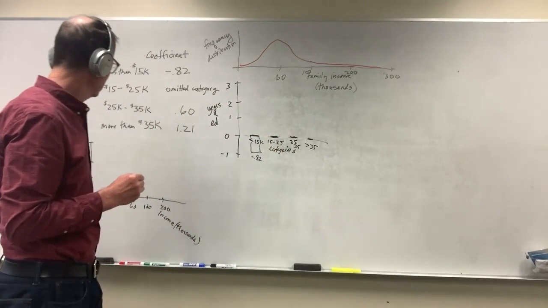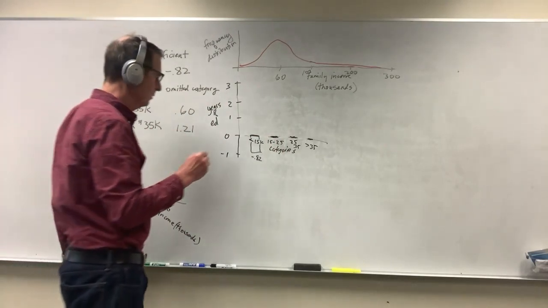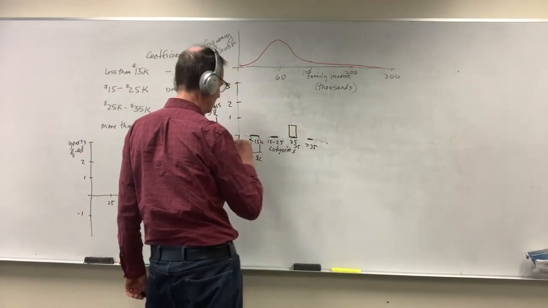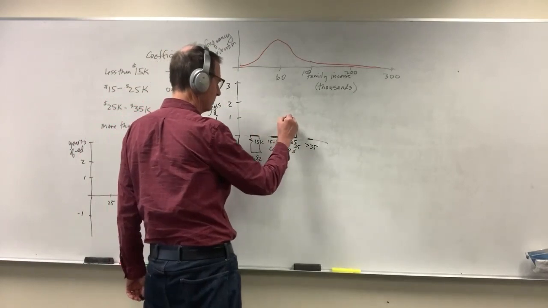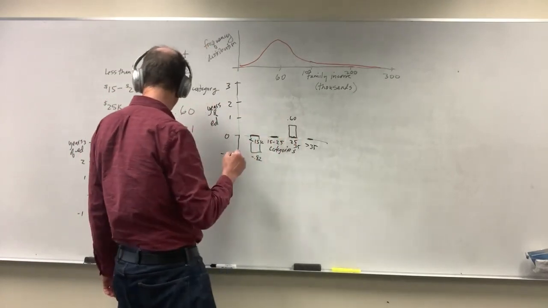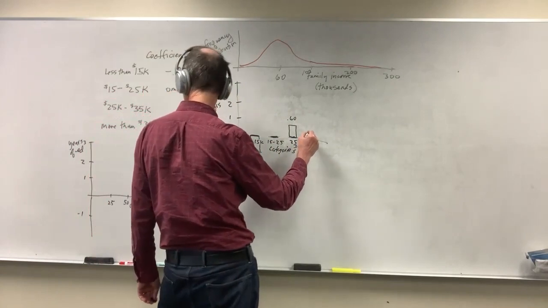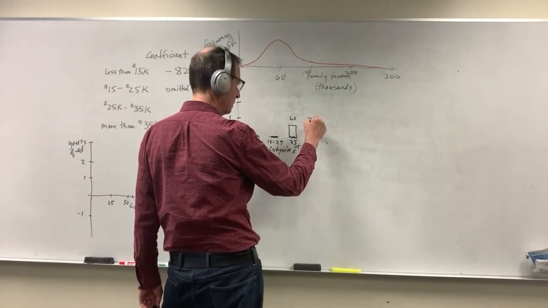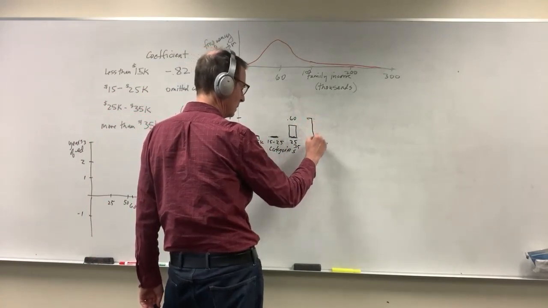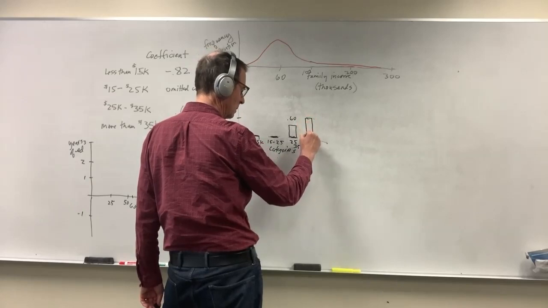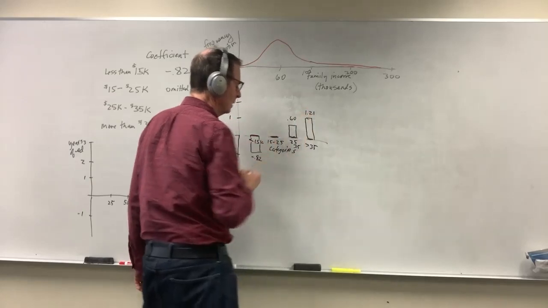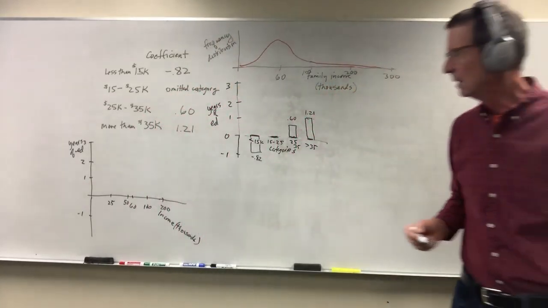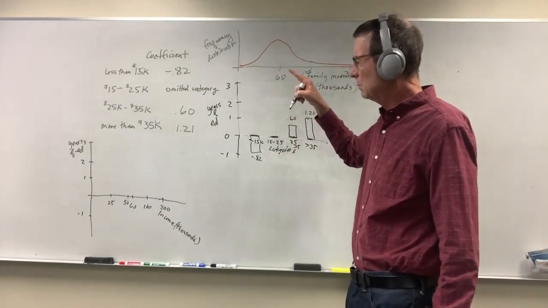That's the reference category. 25 to 35 is 0.60. And then being in this more than 35 category goes up to 1.21. Okay, so that's what the numbers mean in terms of categories.